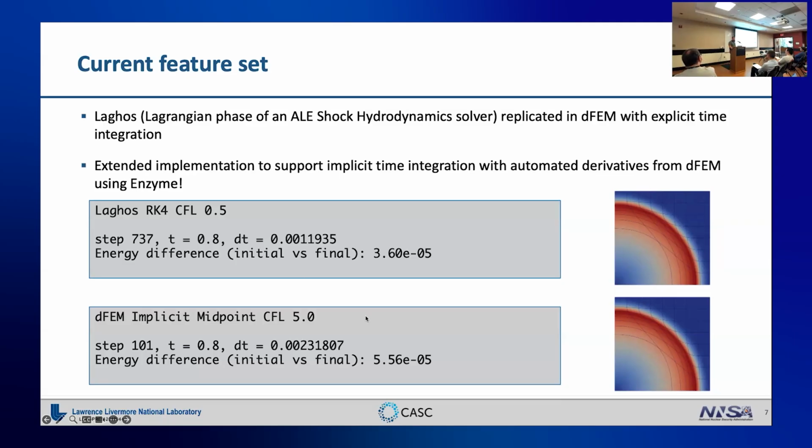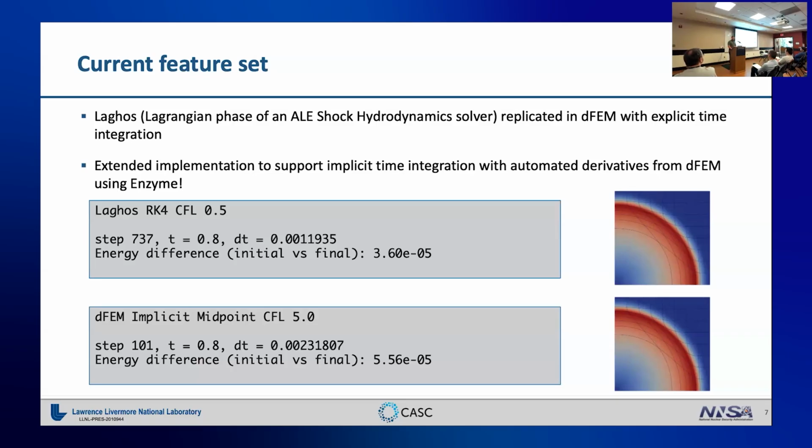And we chose the energy difference as some kind of metric to see if they do the same thing. And the implicit midpoint method, just second order, still one stage, takes about 100 time steps. But at every time step, you have to nonlinearly converge the full system because it's implicit time integration. So there's a trade-off, no free lunch.